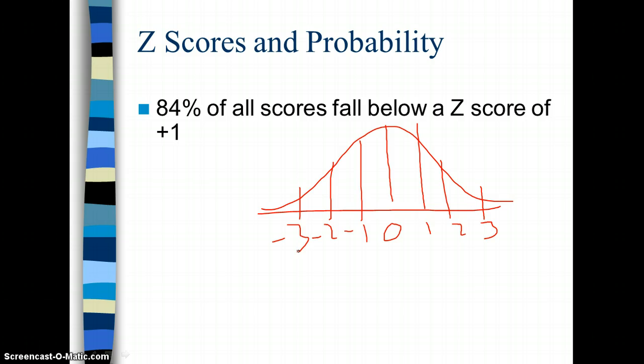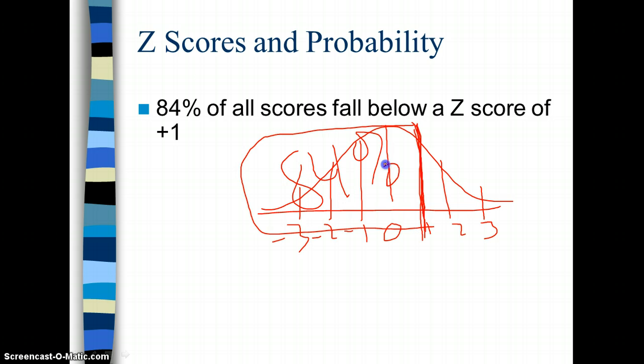A z-score of +1 is right here, right? It's one standard deviation above the mean. So all of this is 84% of all scores, right? You add this up, 34, 34, 12, 2, and then a little bit more. And it all comes out to be 84%.